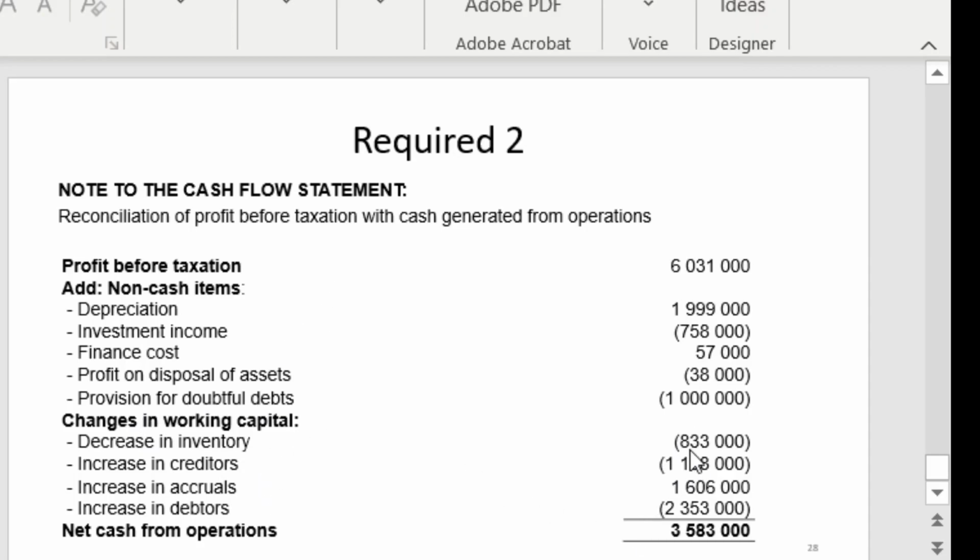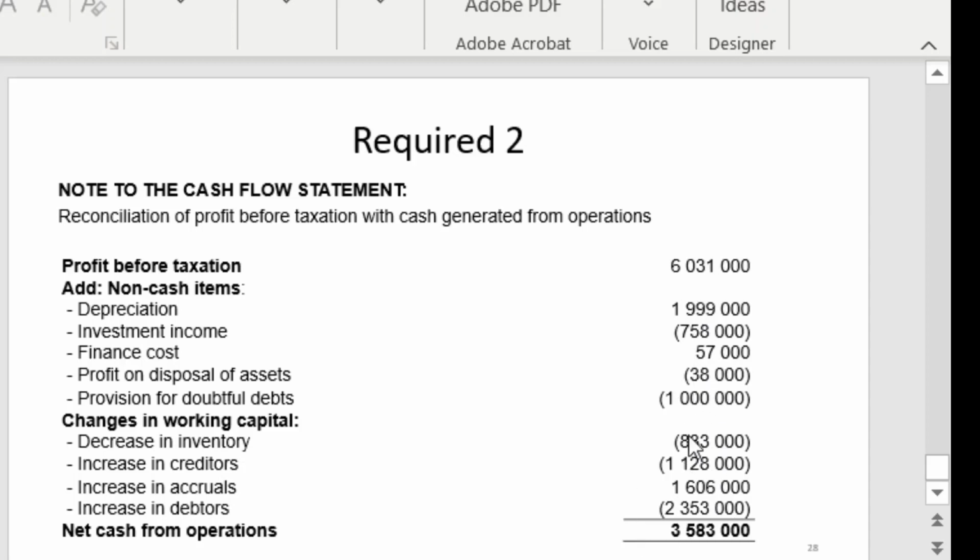All these changes we've worked out on the cash paid to employees and suppliers, and the depreciation amount we calculated also there, the total amount. Finance cost was given, and investment income was given as well. Profit on disposal was given on additional information number 4 as well.